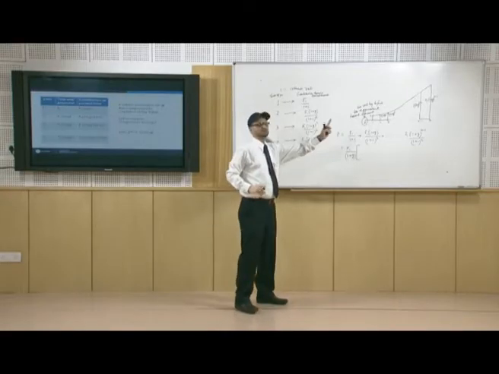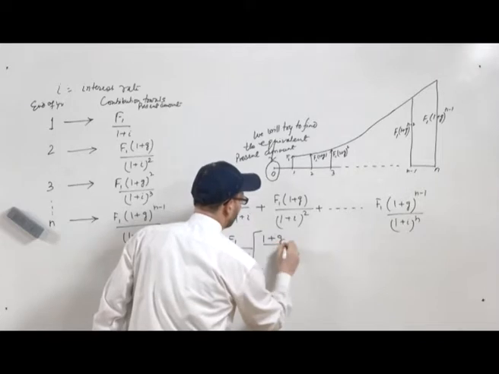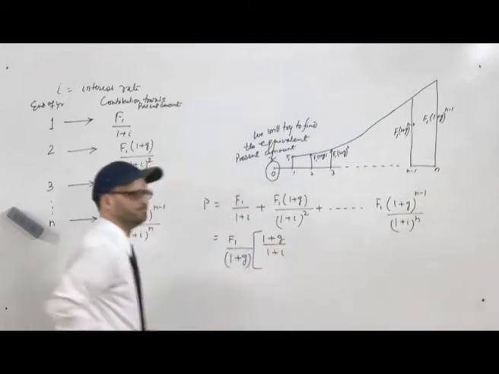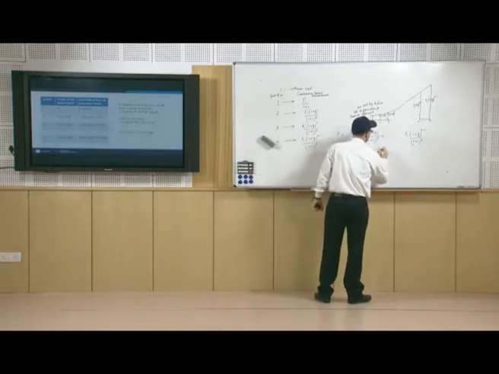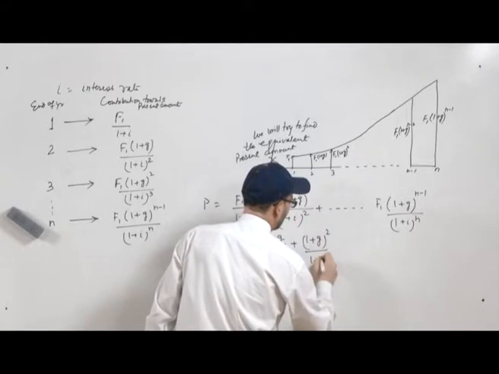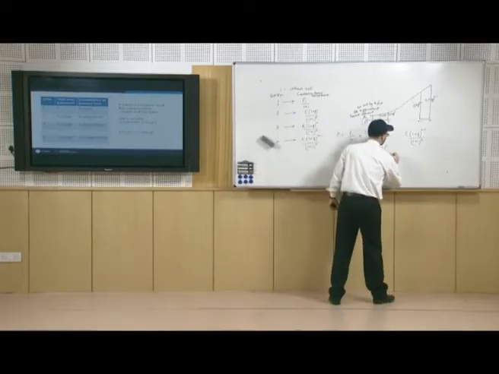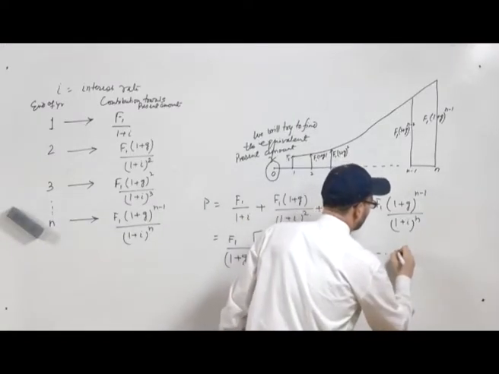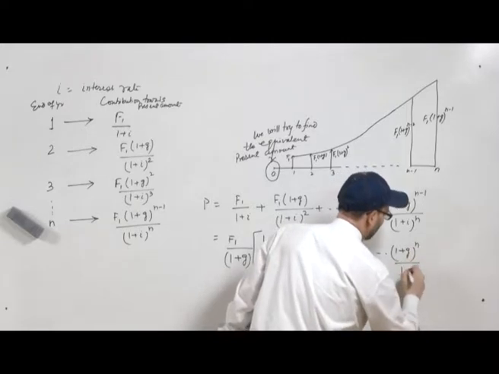So 1 plus g will be multiplied to each term. The first term becomes 1 plus g by 1 plus i, the second term becomes 1 plus g square by 1 plus i square. So this way the nth term will be 1 plus g to the power n by 1 plus i to the power n.